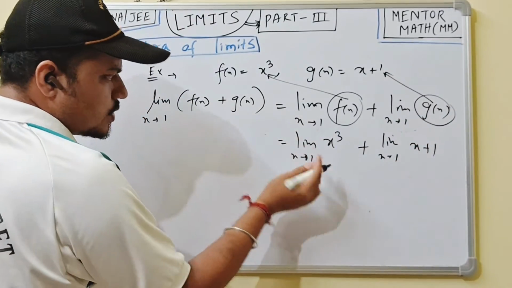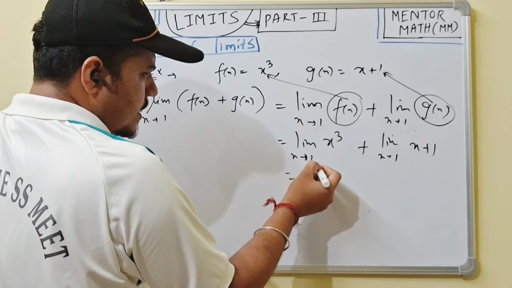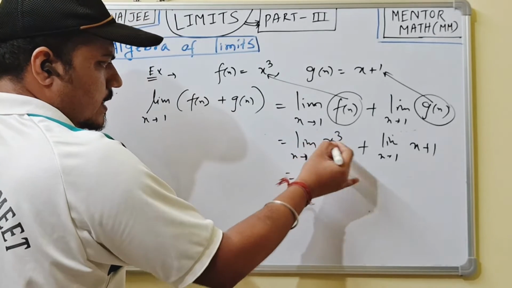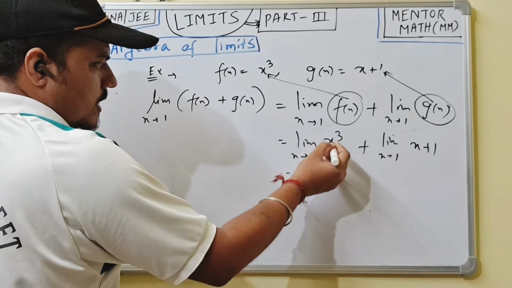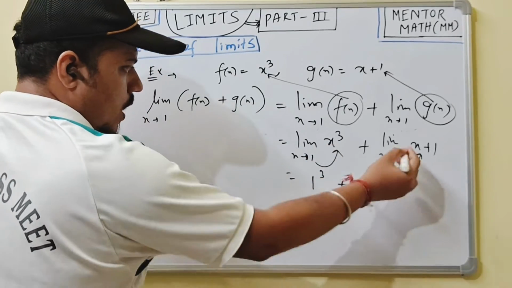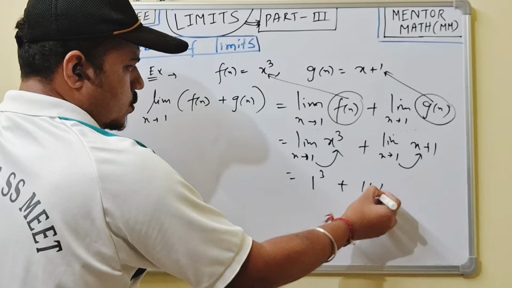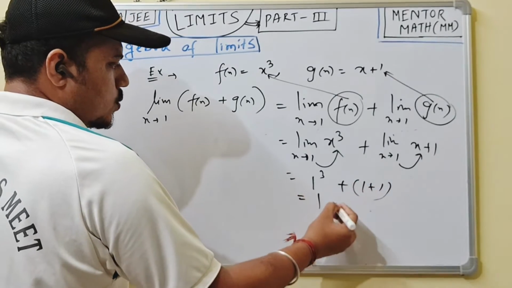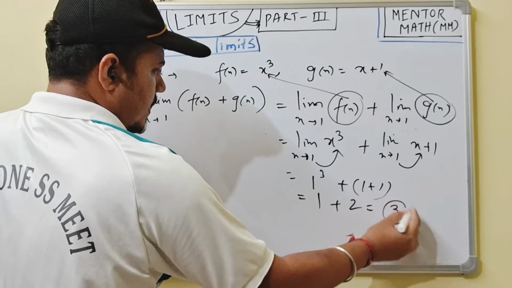This is a determinate form, so we can substitute x equals 1: 1 cube plus 1 plus 1, which is 1 plus 2, so the limiting value is 3.